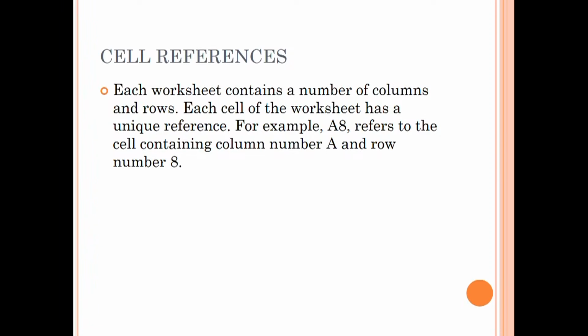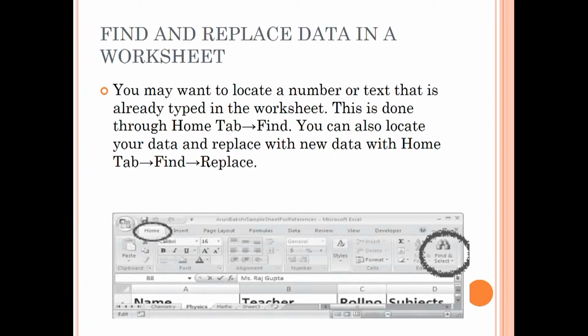Now, each worksheet contains a number of columns and rows. Each cell of the worksheet has a unique reference. For example, A8 refers to the cell containing column A and row number 8. Now, find and replace data in a worksheet. You may want to locate a number or a text that is already typed in the worksheet.